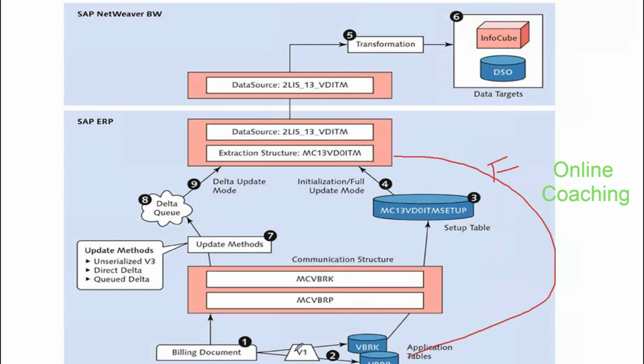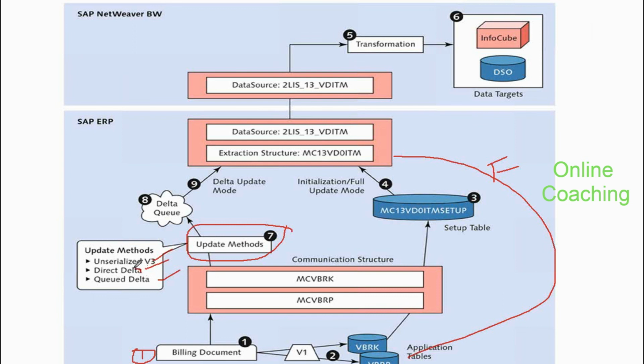Now let's come to the delta. Whenever you get a new record, if anybody creates a new record, it goes to the communication structure, but not to the setup table. It goes to the update modes because it is a delta record. What update modes do I have? I have three types of update modes: Un-Serialized V3 delta, direct delta, Q delta.